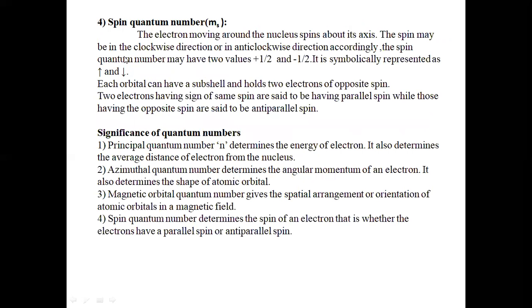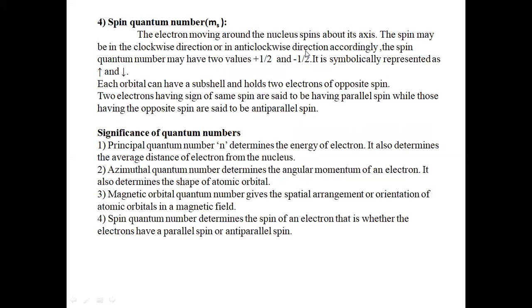And the last is the spin quantum number. Here the spin quantum number is represented by ms, small letter m with a subscript s. The electron moving around the nucleus spins about its axis and the spin may be in the clockwise direction or in the anti-clockwise direction.